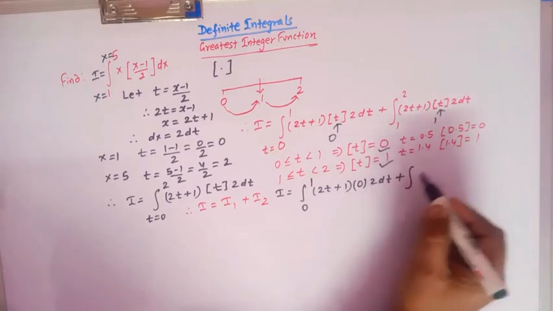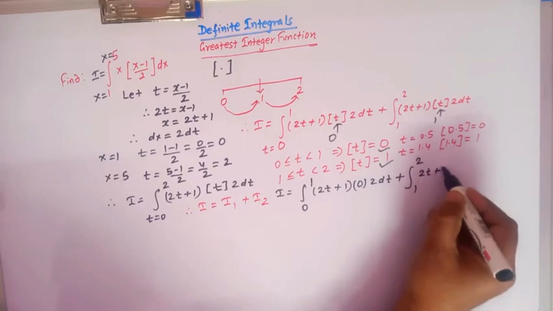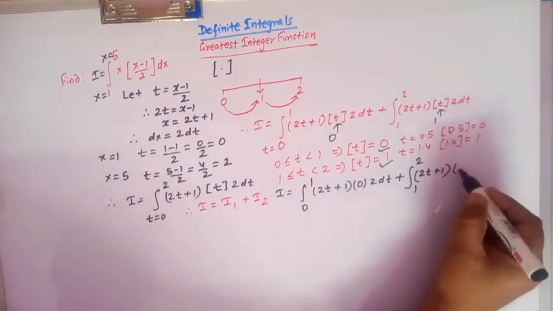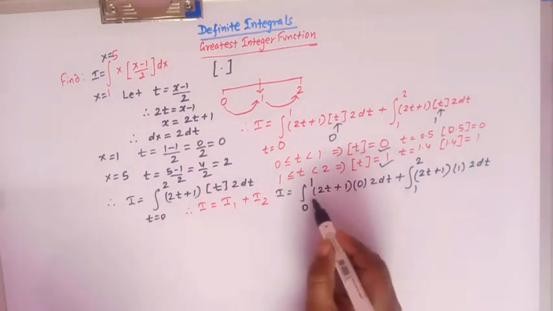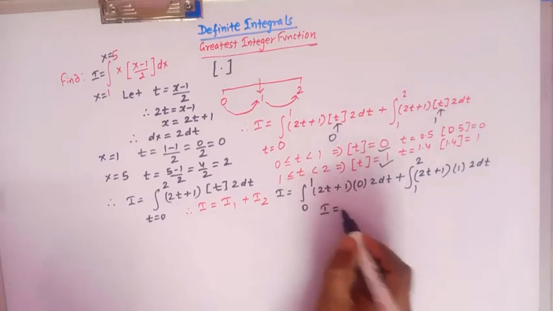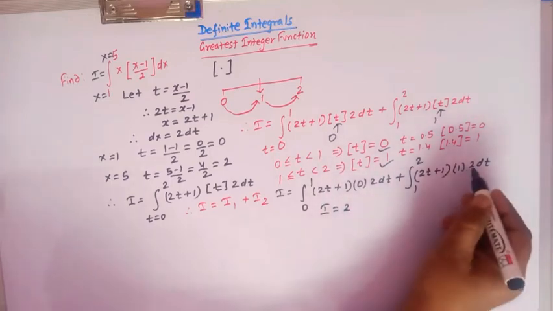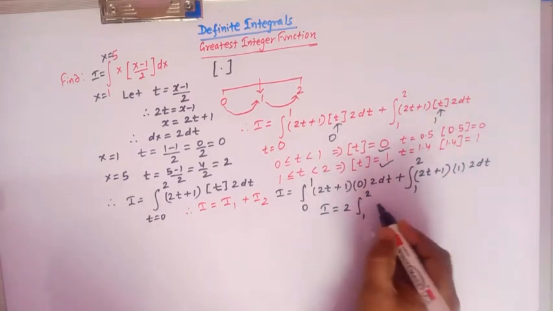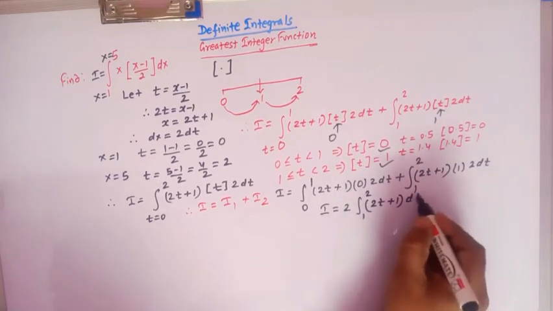The second integral is from 1 to 2 of (2t plus 1), where the greatest integer of t is 1, times 2 dt. Now the first integral becomes 0, and I is equal to the second integral. Taking 2 outside the integral sign, we have 2 times the integral from 1 to 2 of (2t plus 1) dt.